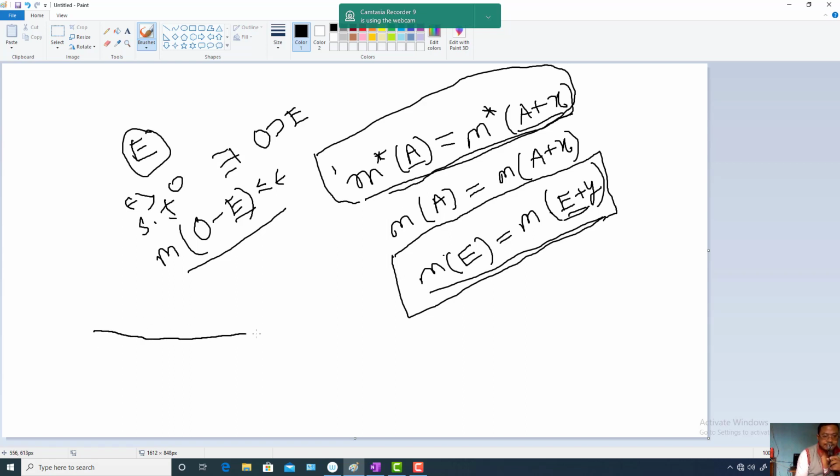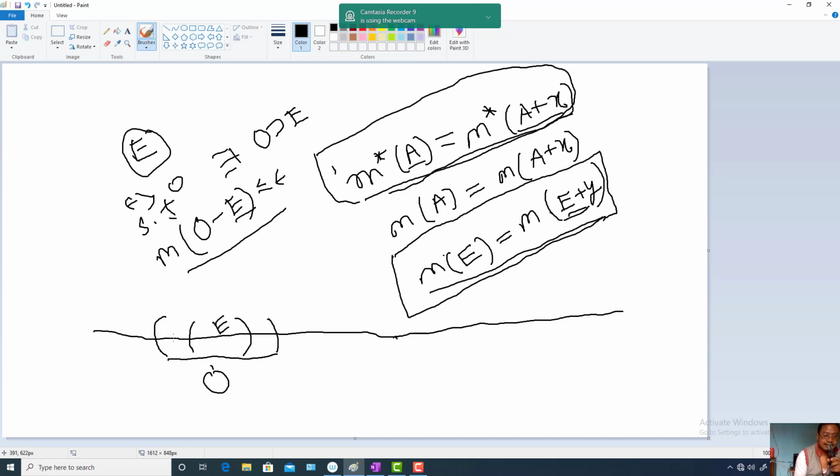Suppose this is your set of real numbers, a real line. This is your O, and somewhere here it is E. So this inner set is E, and this whole is O. O is an open set, a superset of E, meaning E is inside O, like this. Then how does E plus y look?